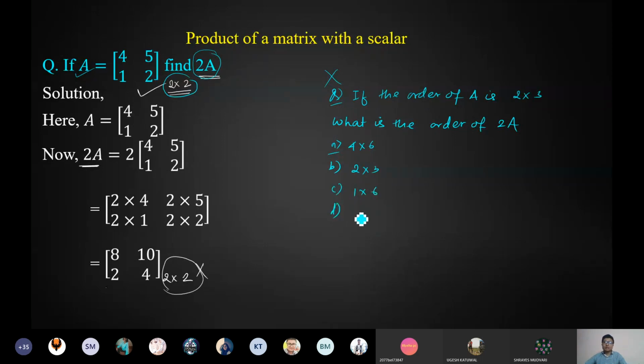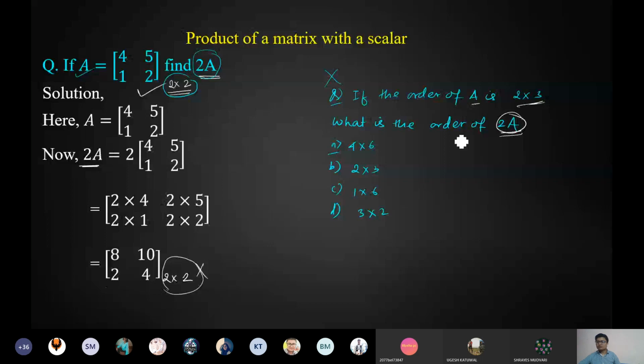And number D, 3 by 2. Can anyone tell me what is the order of this product? Just answer this multiple choice question fast. Can anyone respond here? Shreyas, can you tell me what is the order of this matrix 2A?